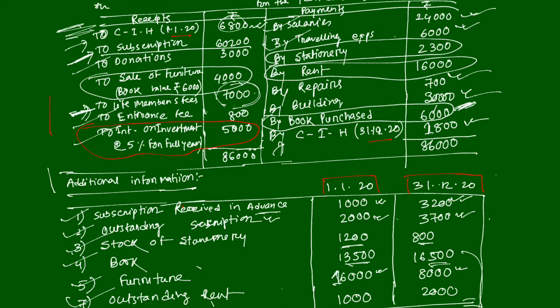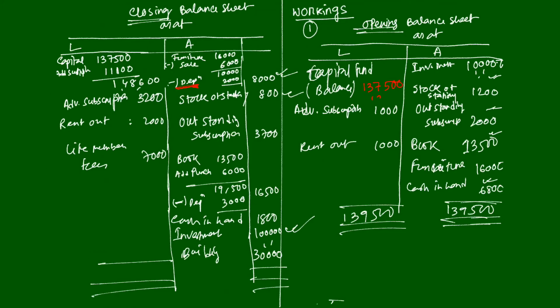If you see carefully in your question, 1,800 you will write here, then 3,700. Everything is written already. The total is 1,60,800.